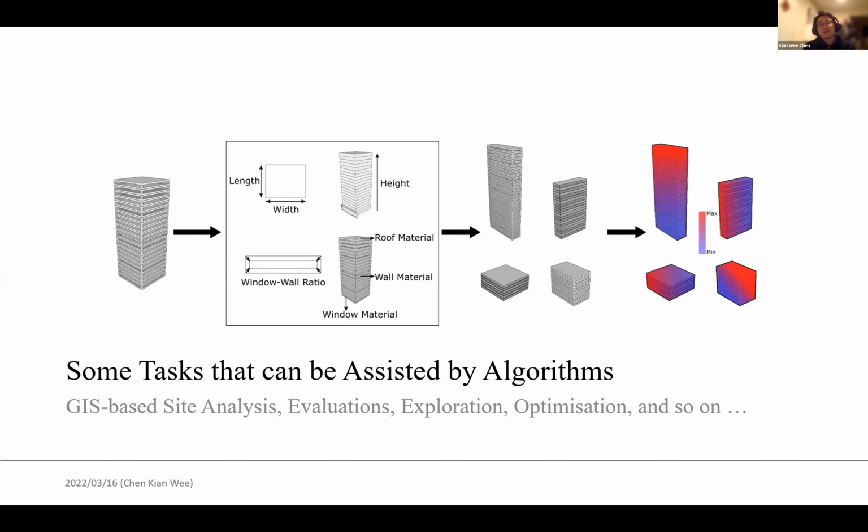And then parameterizing your model so that you make it a single concept, that you parameterize it so that you can generate many designs just by changing the parameters. For example, the height, the length, the width, and so on. And you can generate multiple design variants and then send them to the simulation model to evaluate them.